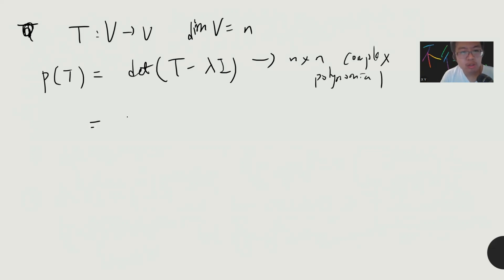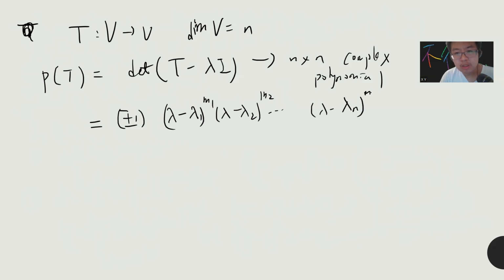You can decompose it, maybe with a minus 1 sign, into lambda minus lambda 1 to the power m1, lambda minus lambda 2 to the power m2, up to lambda minus lambda k to the power mk.